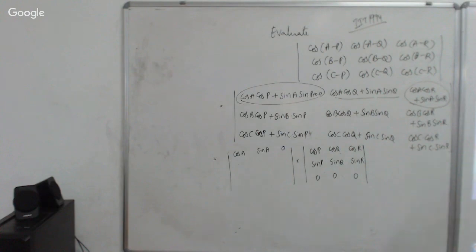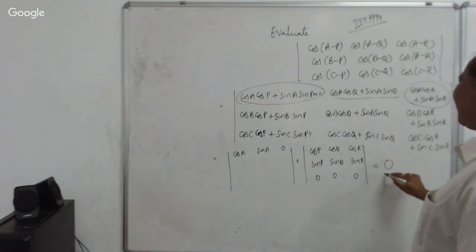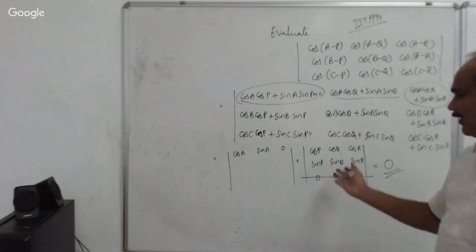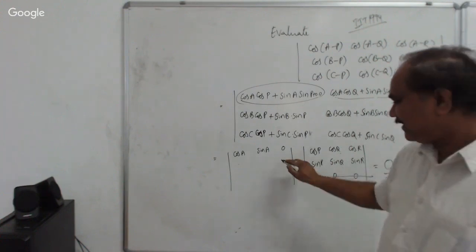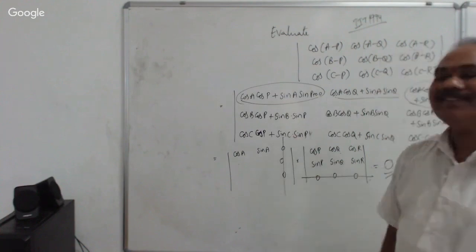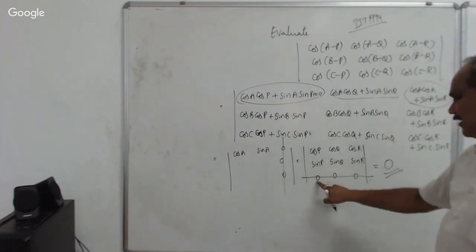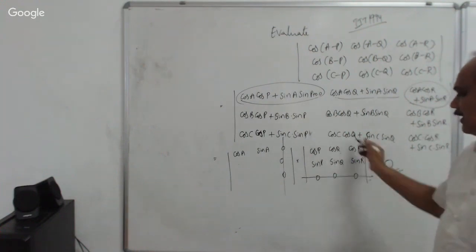Sir, answer 0, sir. Yes, very good. Here the third row has all zeros. Any row having all 0, the determinant is 0.